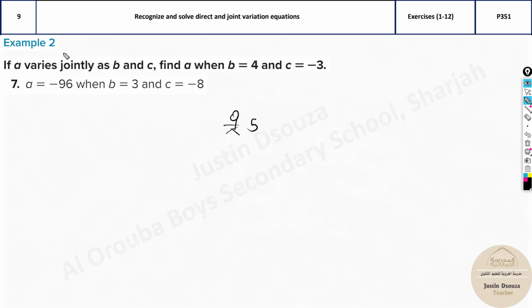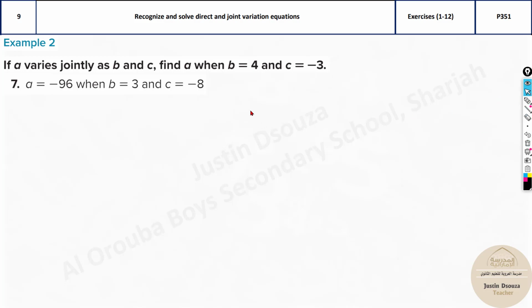If he's 5, and then jointly B and C, that is the second part, height and weight. So age is directly varying or jointly varying with the height and the weight. As the boy increases in height, age, sorry, even as height and the weight increases. So this is the joint variation.